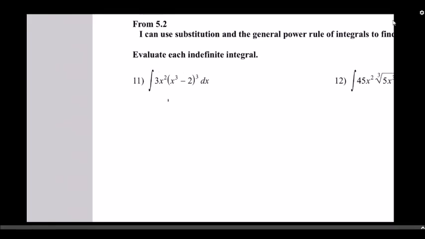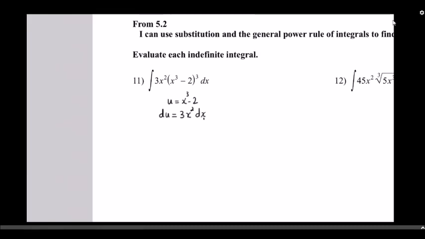So if we let u equal x to the third minus 2, then the derivative of u is equal to 3x squared times dx.